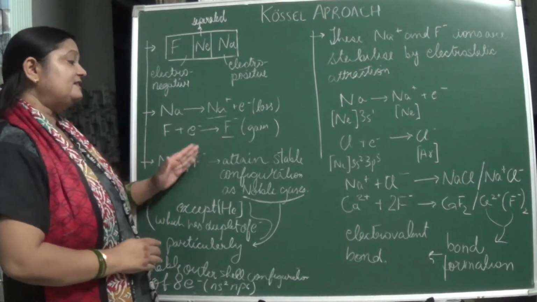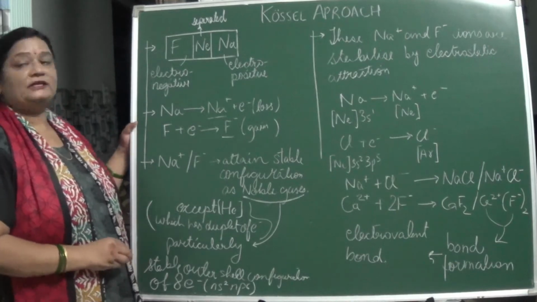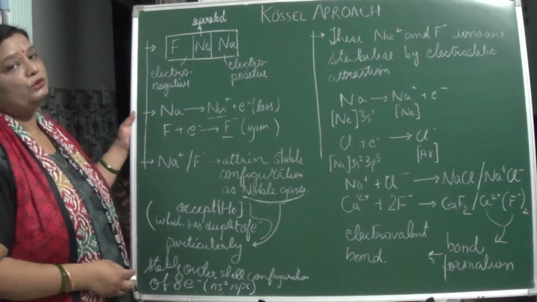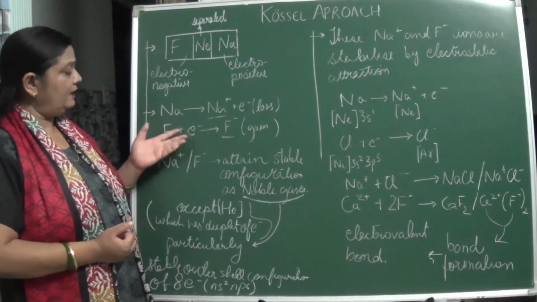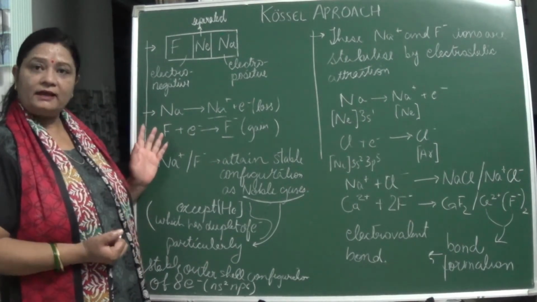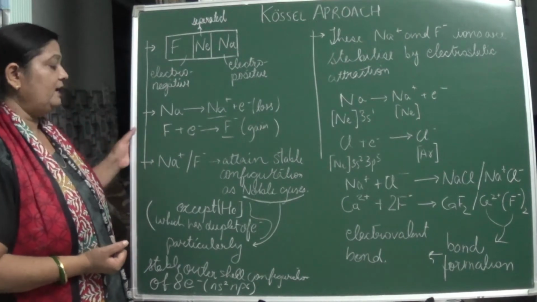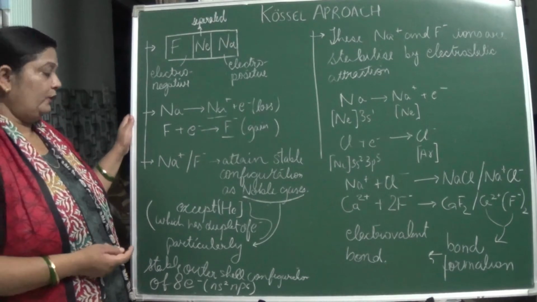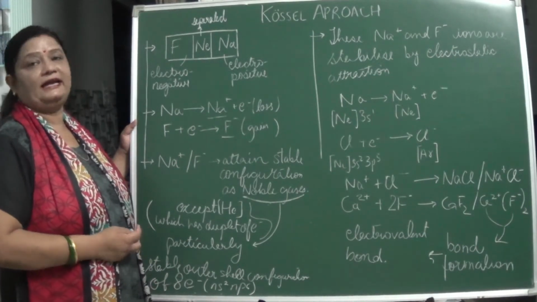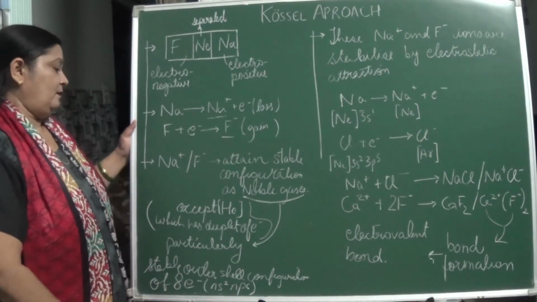Now, sodium and fluorine attain the stable configuration of a noble gas by losing an electron or gaining an electron. Sodium is losing an electron and fluorine is gaining an electron. Here there is an exception of helium. Why?